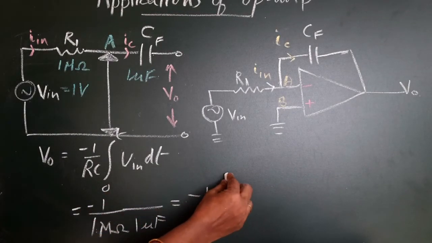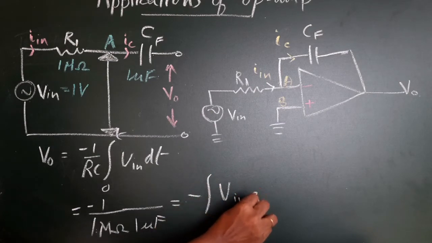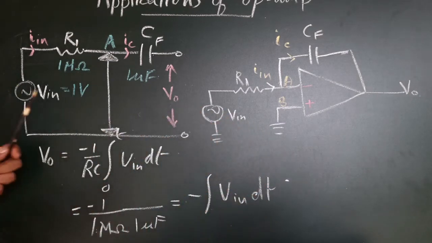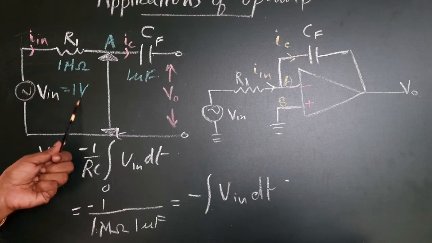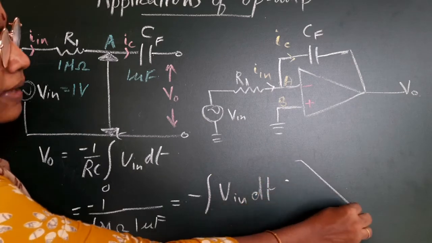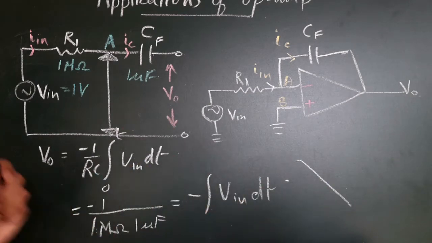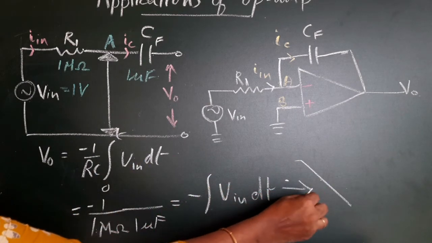So minus 1 integral V in dt. As said, since this is a constant DC input voltage, the output will be a ramp with a slope given by minus 1. Slope will be minus 1 for this output.